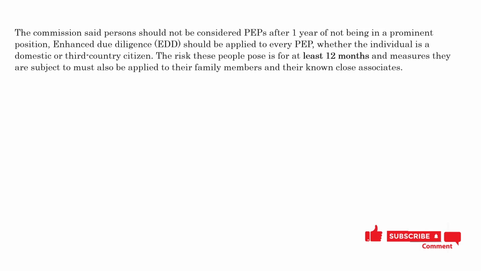Now coming to more details, the Commission said that a person should not be considered a PEP after 1 year of not being in a prominent position. Enhanced due diligence should be applied to every PEP, whether the individual is a domestic or third-country citizen, for the risks these people pose for at least 12 months, and measures must be applied to their family members and known close associates.